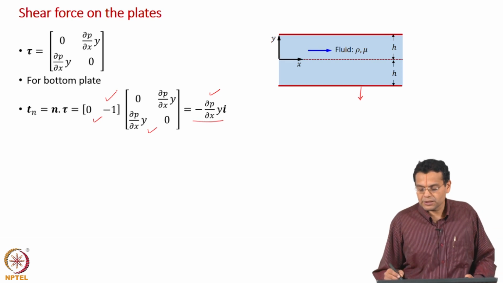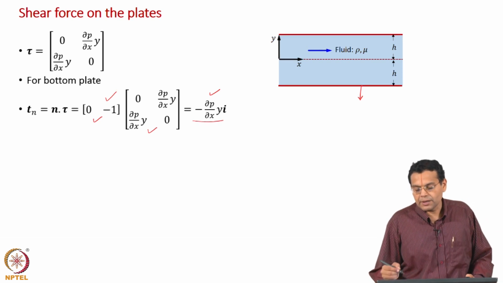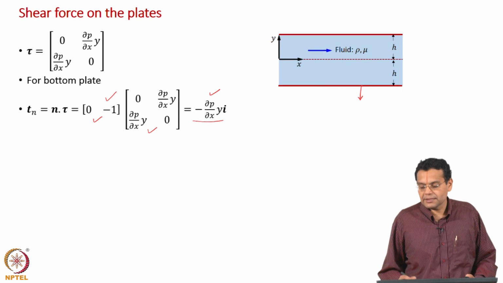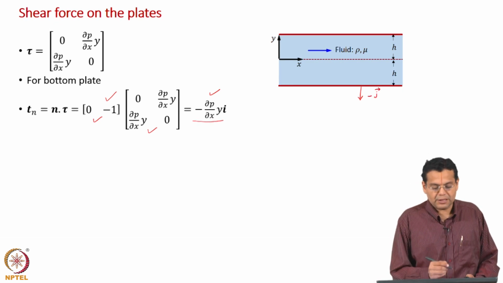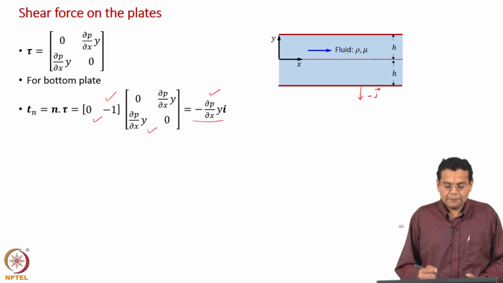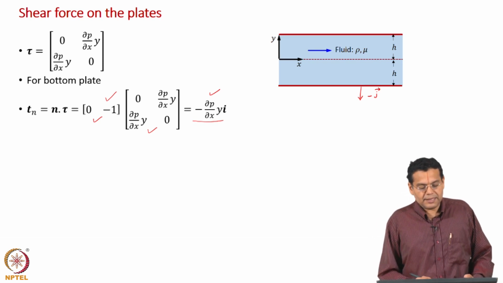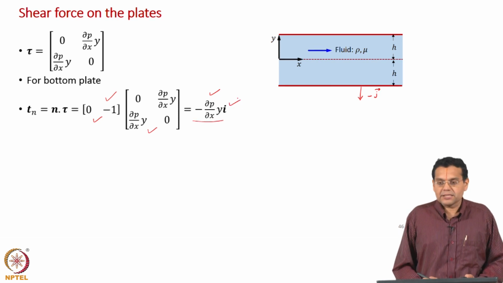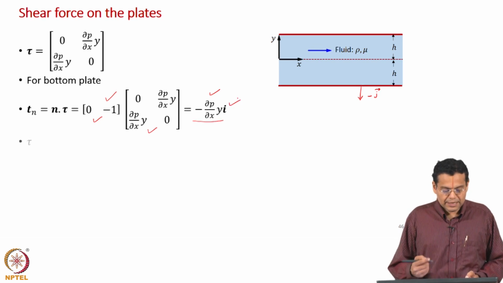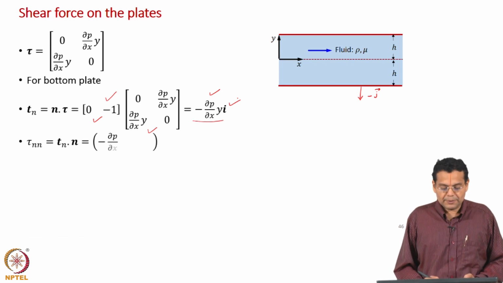Why is it 0, minus 1? This is a normal vector pointing along the negative y axis, which you represent as minus j vector, that is why it is 0, minus 1. Of course, do a matrix multiplication with the stress tensor, you get the stress vector. Now, like we did in the previous case, let us find out the normal component and the shear stress component of the stress vector.